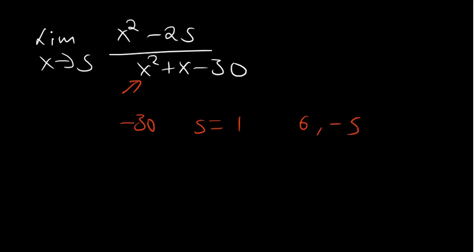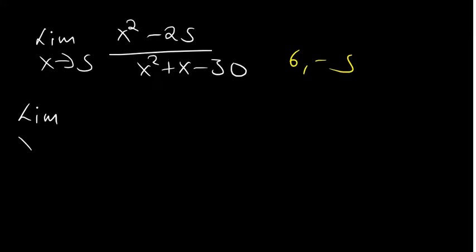And then we also have a difference of two squares. So the factors are 6 and negative 5. So for the numerator, we're going to have the limit as x approaches 5. And then we have 25, that's like 5 squared, right?